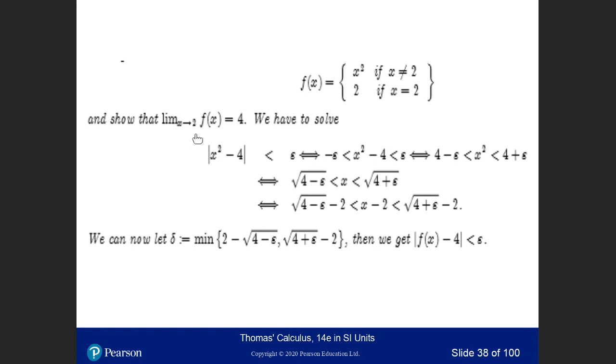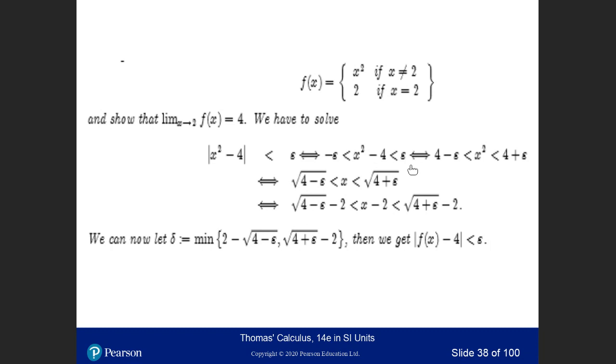Now we have to show that the limit as x approaches 2 of f of x is 4. Now we write f of x minus L is this. I want this to be less than epsilon. I open this up. I have minus epsilon less than x squared minus 4, which is less than plus epsilon.